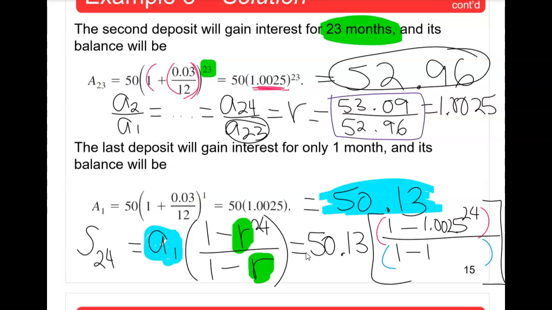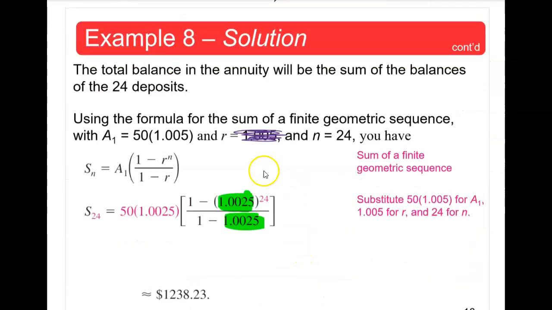On the numerator, still to the power 24. Denominator, just to the power 1, so no need for exponent. So yeah, sometimes PowerPoints and even textbooks have mistakes. So after we substitute all of that, enter that on the calculator, we will get the balance after adding every single deposit.